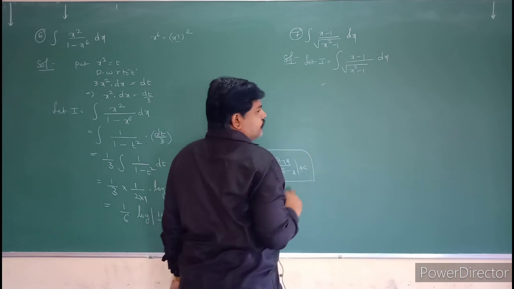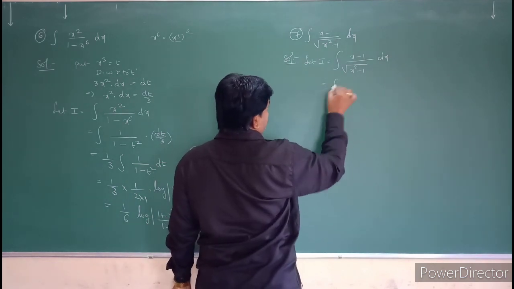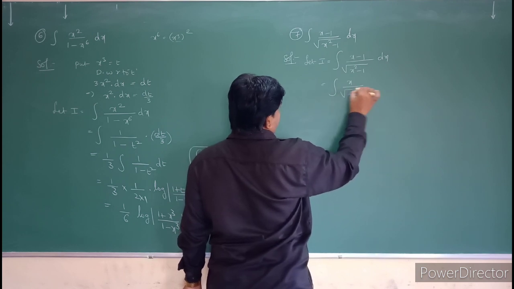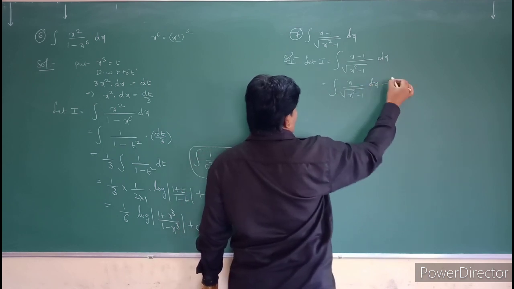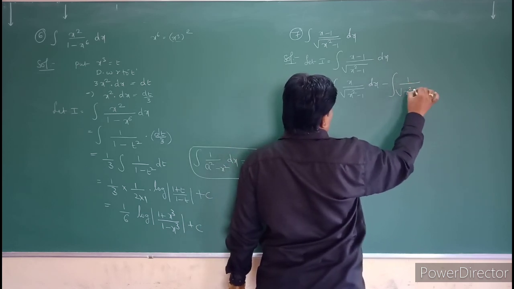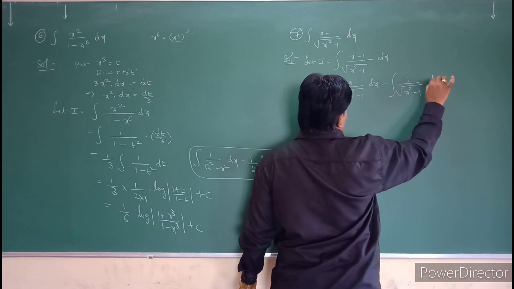So that is equal to, separating the terms, integral of x by root of x square minus 1 into dx minus integral of 1 by root of x square minus 1 into dx.